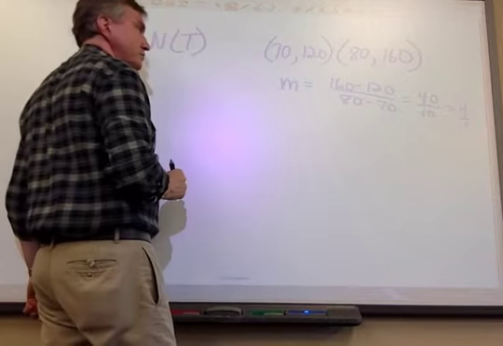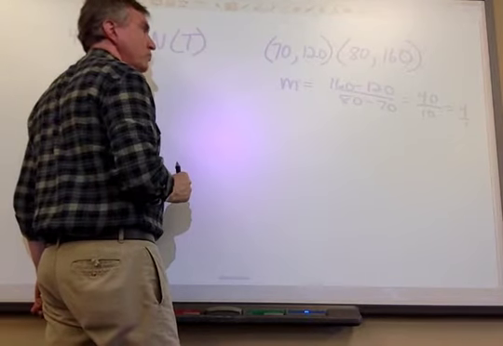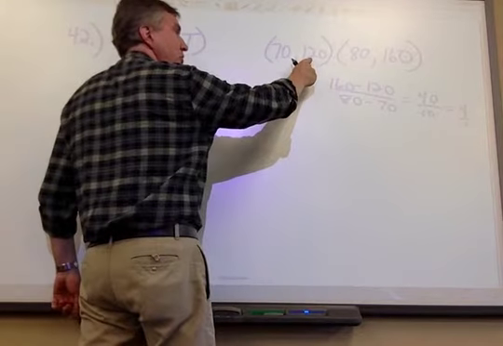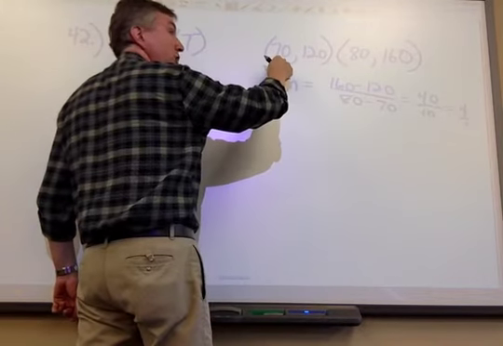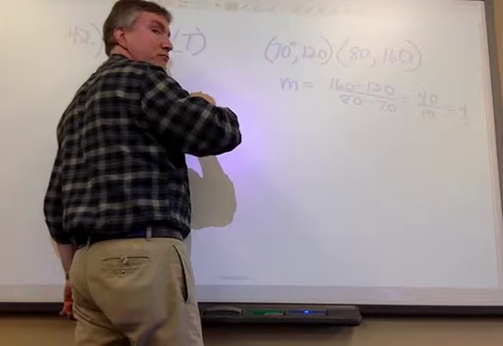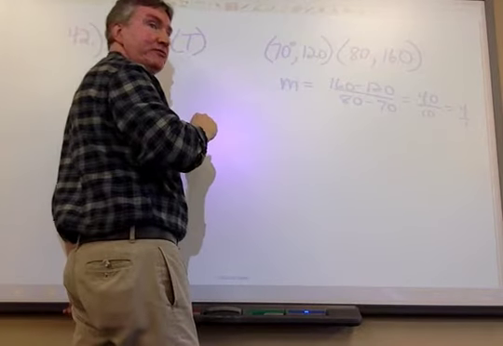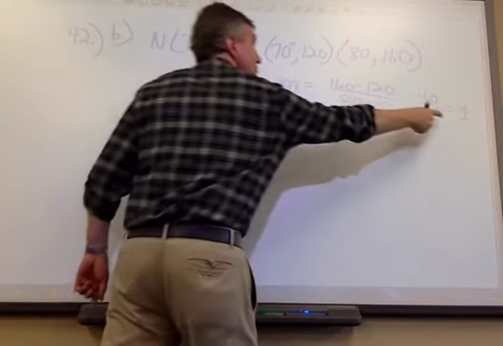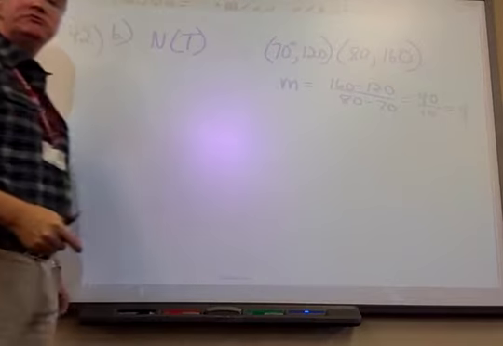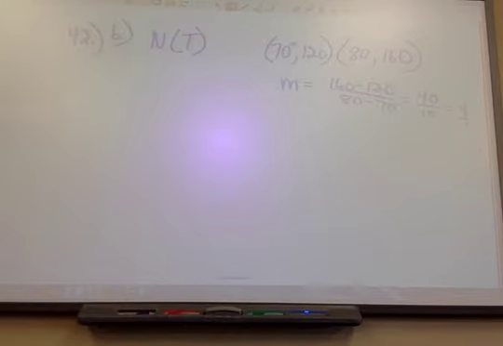For each degree, it rises 4 chirps per minute. 4 chirps per degree increase. So for each degree increase, there are 4 chirps more. Okay. Change in y over change in x. Good.